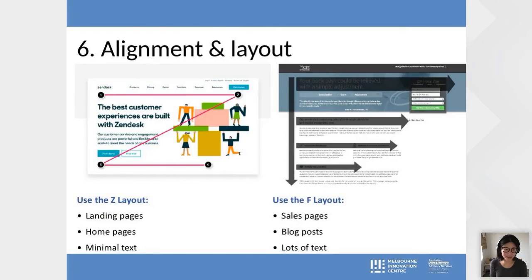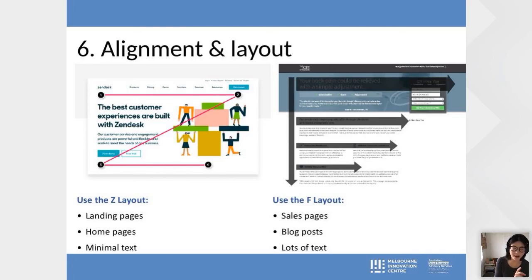Alignment and layout. So this is really about looking at how people are going through your site. So are people reading your site using a Z layout, or are they using the F layout to read your site? So for most landing pages, home pages, pages with minimal text, lots of contemporary layouts use a Z layout.